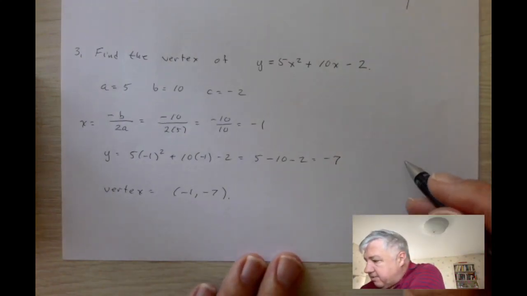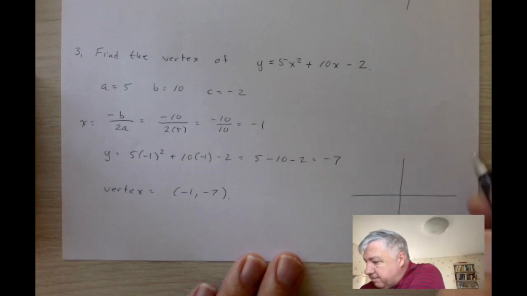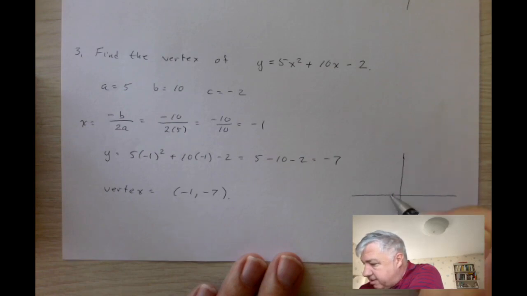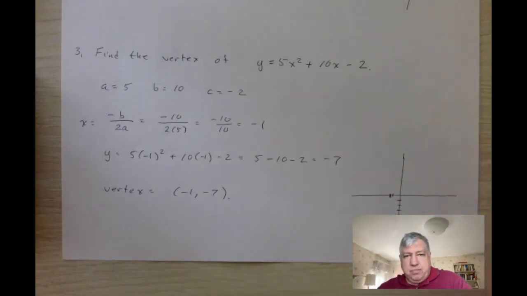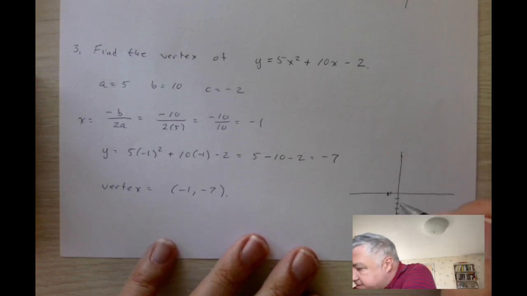And if you wanted to graph this, well, let's see, here's negative 1, negative 7. So that's down here. Okay, and we know the graph comes up. The y-intercept will be at negative 2. So you have these two points like that.